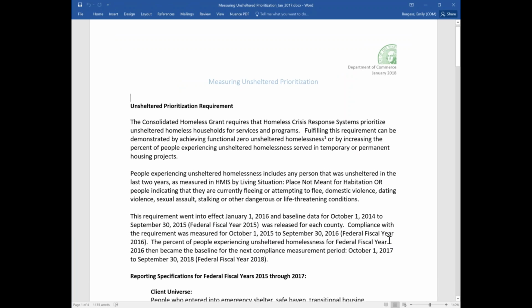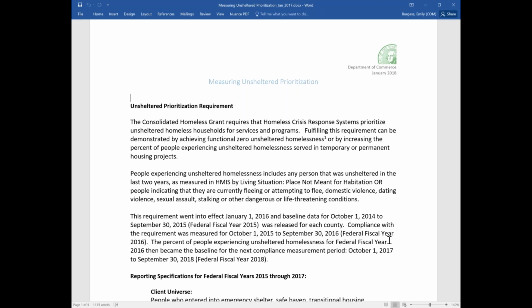As we were doing the calculations for where communities were at for the unsheltered prioritization, this year we had access to a larger data set and a better matching methodology.